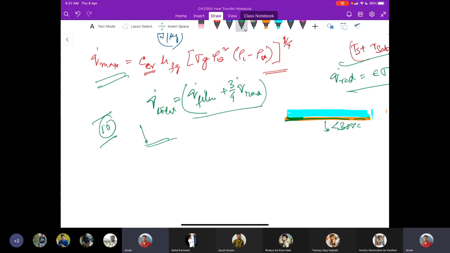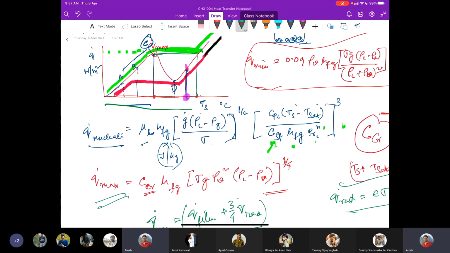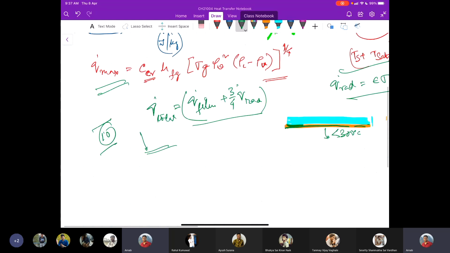So that is why, when I told you how to increase the heat transfer rate, it is possible at the early stages of boiling. But eventually, the critical heat flux that you would get would be similar to that of the smooth surfaces. But then again, there are research stages of developing novel surfaces.